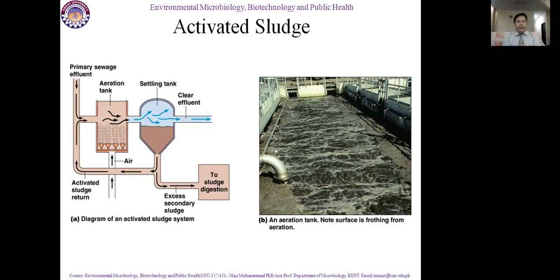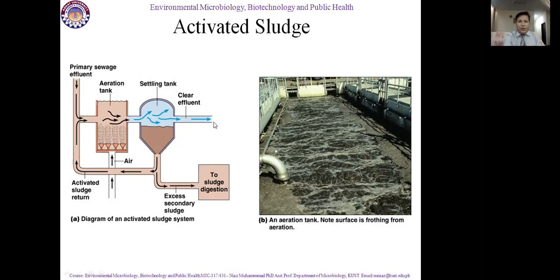Because fresh organic material is coming over there, and that has fewer, untrained microbial communities to decompose the organic material, and we are adding some old sludge, old organic material which has fully trained microbial communities. So what happens? Fully activated and trained microbial communities have complete potential and capability to decompose the incoming organic material from the primary effluent.